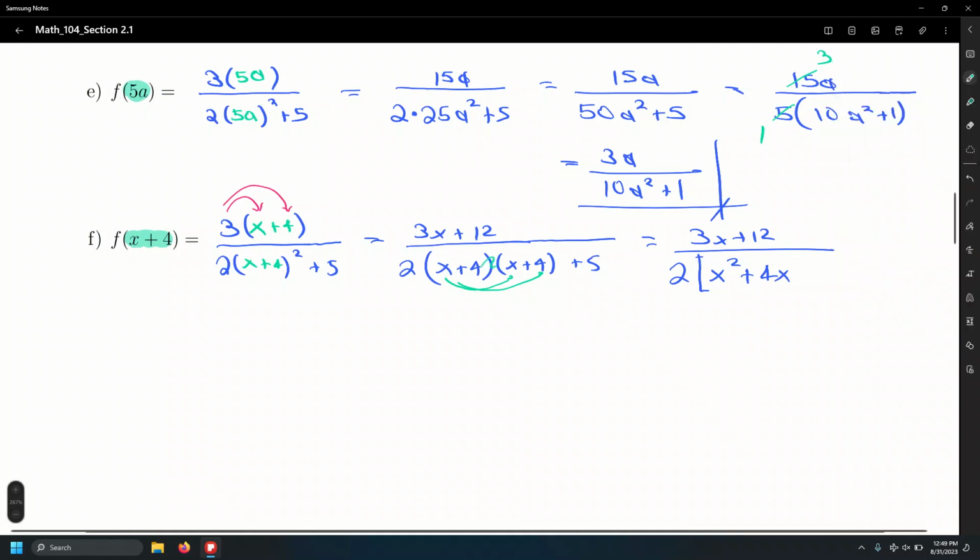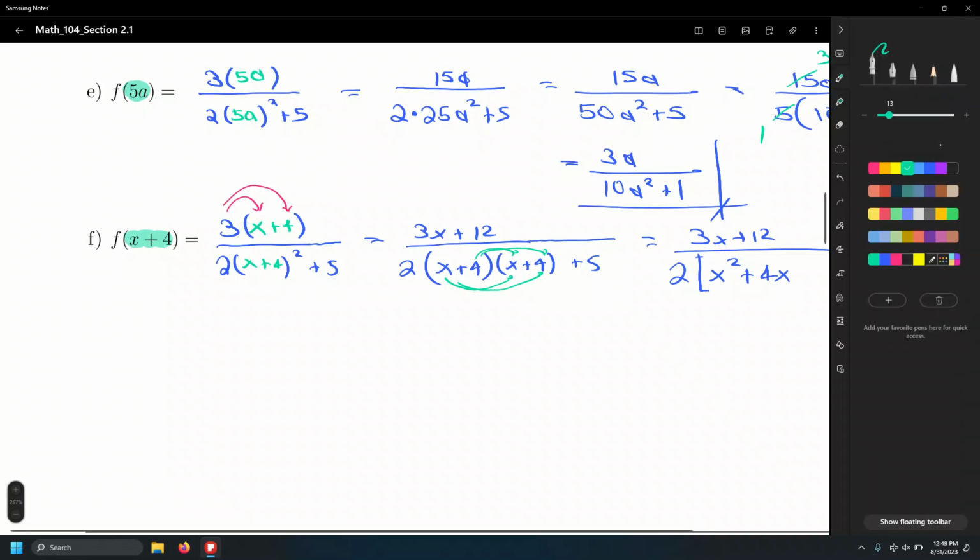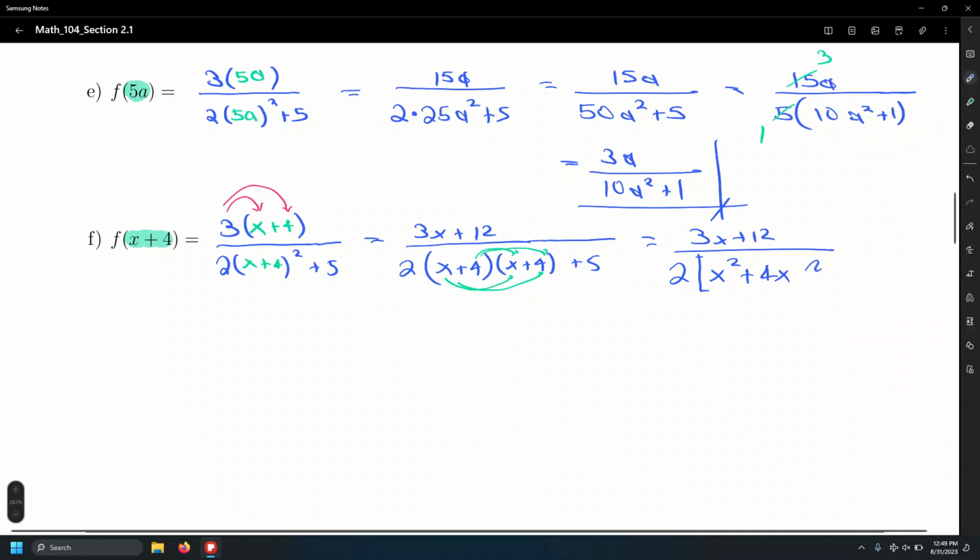So 4 times x, which is another 4x, and 4 times 4, which is 16. Let me close the bracket and just bring down this positive plus 5 that we have at the very end.